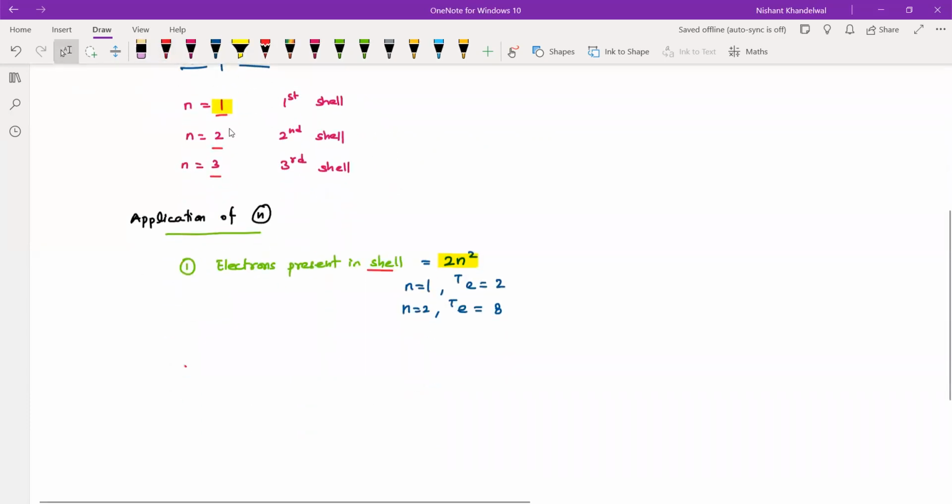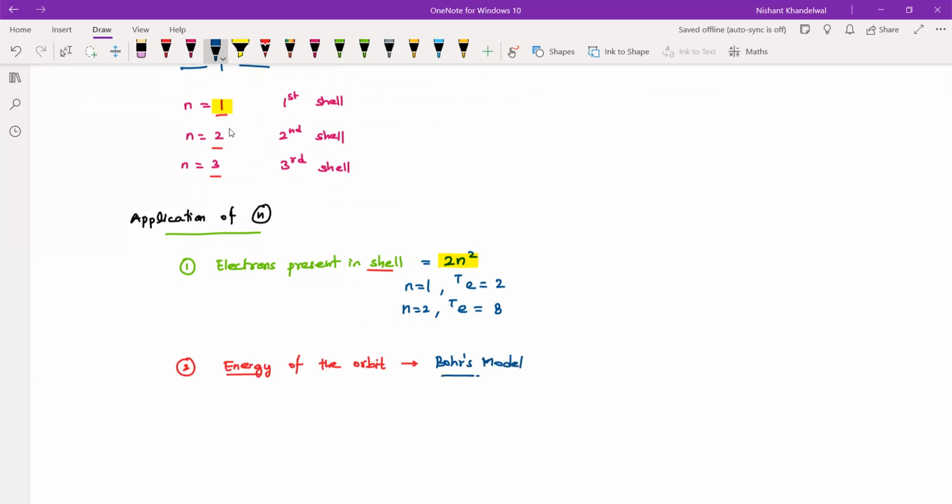Second application: this n is going to help you calculate the energy of the orbit, and this we will discuss in Bohr's model. You can calculate the energy of any shell.